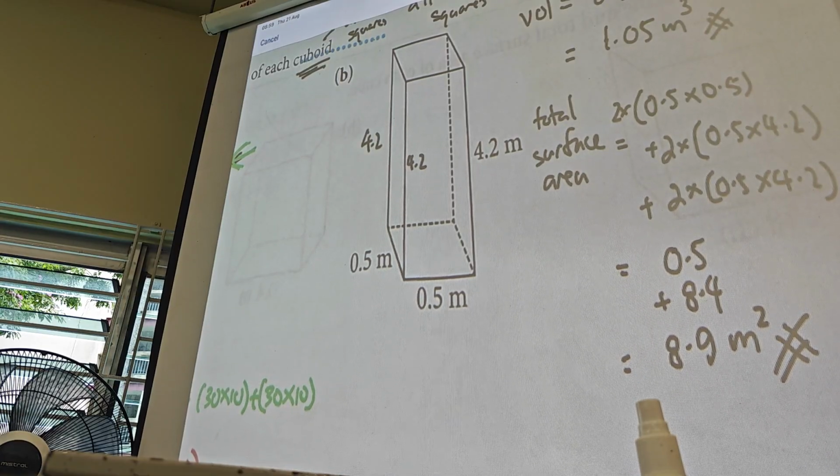Okay, volume, length times breadth of the base area, then we multiply by the 4.2. Okay, the base area multiplied by the height.